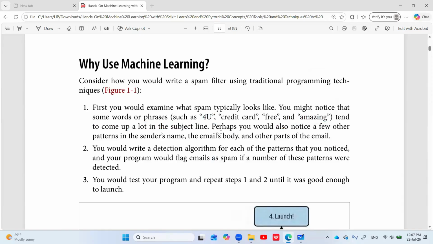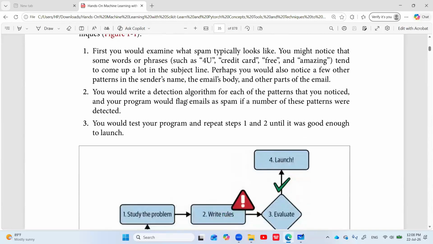Perhaps you would also notice a few other patterns in the sender's name, the email's body, and the other parts of the email. You would write a detection algorithm. In the traditional rule-based approach, you would write a detection algorithm for each of the patterns that you noticed, and your program would flag emails as spam if a number of those patterns were detected.